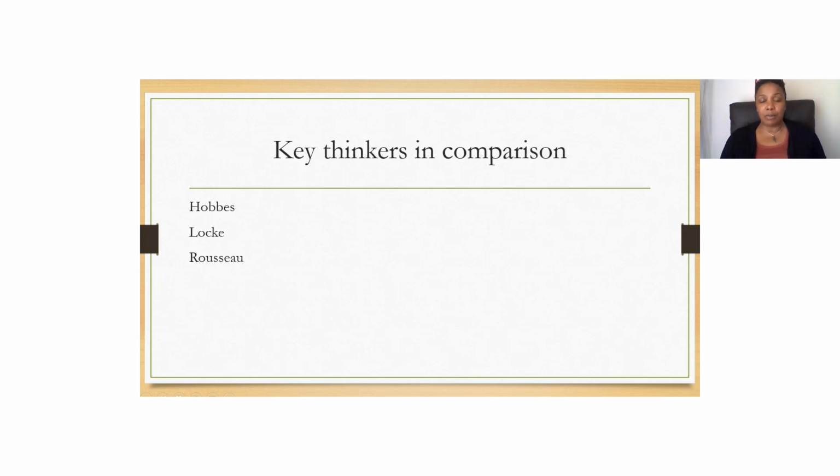So, the key thinkers in comparison that we covered so far. We've looked at Thomas Hobbes, and his essential idea was that we should give all the power to one governing source. He believed that, due to human nature being egotistical and self interested, the state of nature would be a very rough and hard place to live.